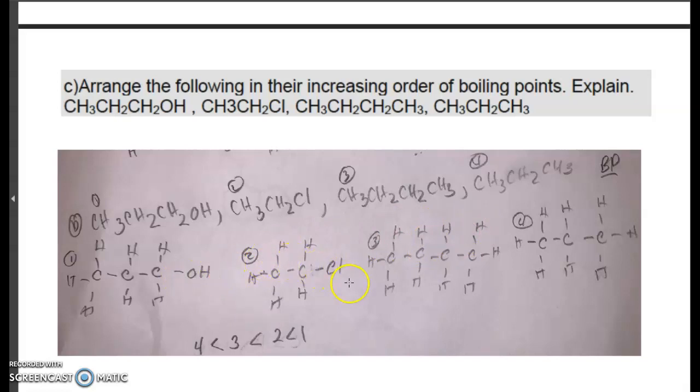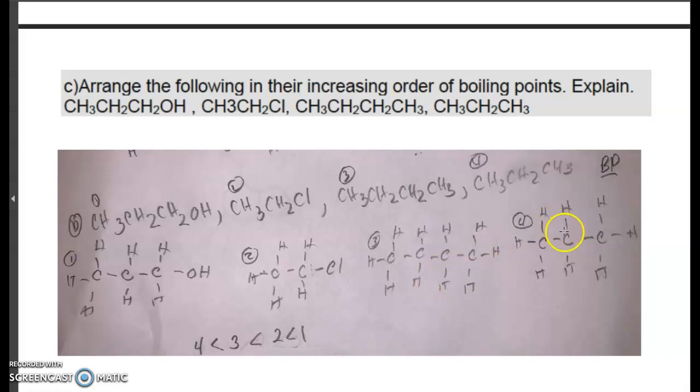So as you can see, 2 has chloride in it, which is high electronegativity, but we're talking about boiling point, so it's going to be a little higher compared to the others. And of course, 1 has OH, an alcohol chain here, so it's much higher compared to 3 and 4.